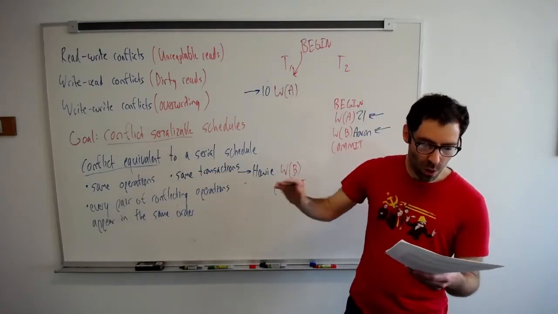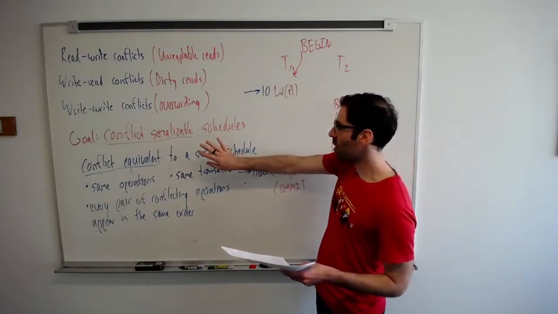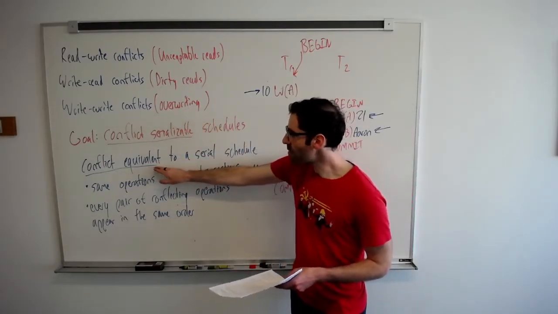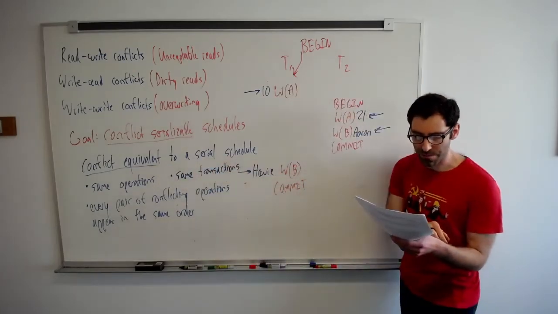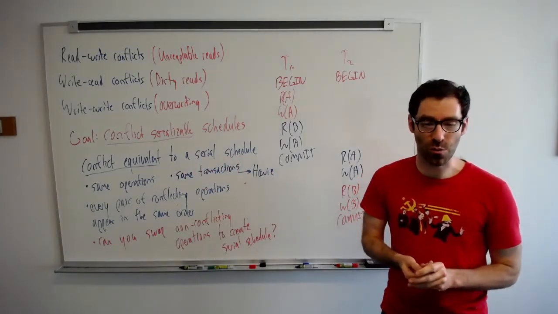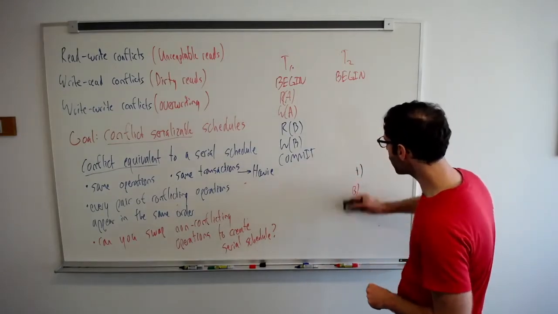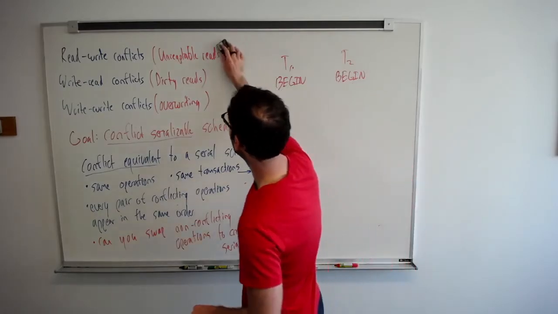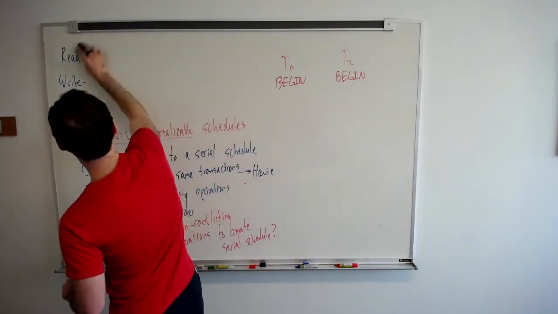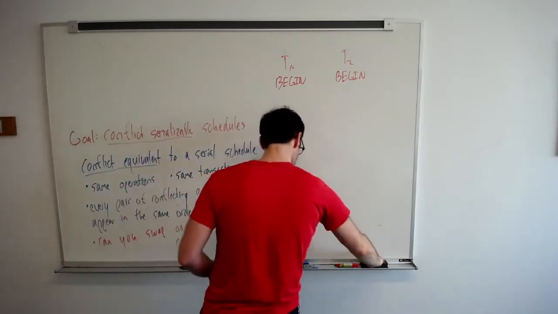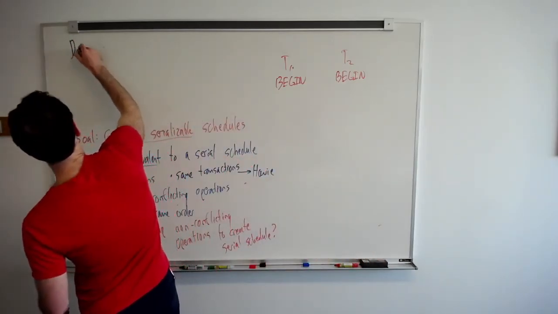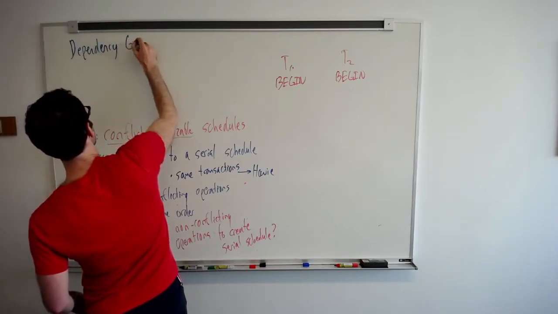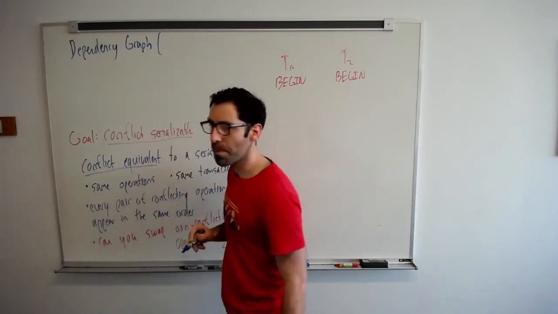And so what we want is for our conflict serializable schedule to be conflict equivalent to some serial schedule. We can actually use a graph to do this, and we can build up a dependency graph.